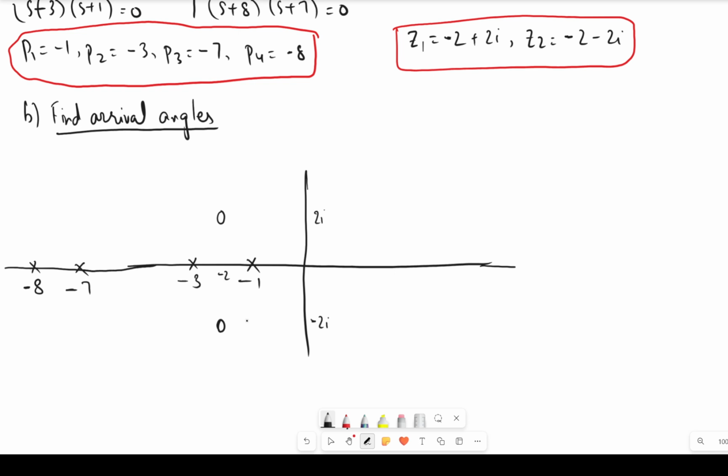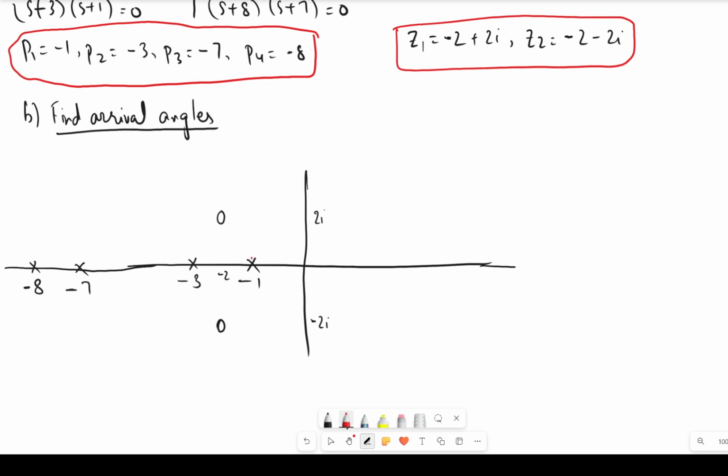Now the angle of arrival is basically the angle at which the locus ends at the complex zero. Because the root locus starts from the poles and ends at zeros, at this zero one of the poles will end. So we need to find at which angle it will end.